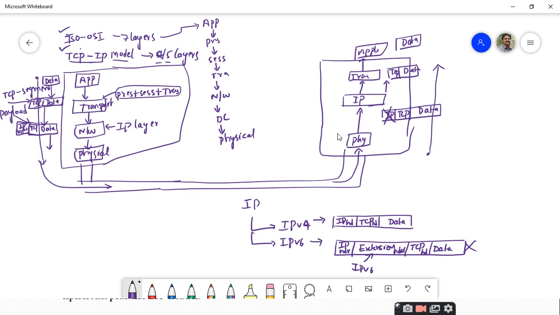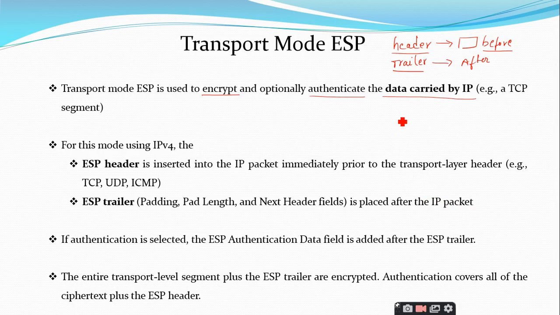You have seen this particular packet, which consists of 3 parts: data, then the TCP header, and then the IP header. The data carried by IP is nothing but the payload, the payload of the IP packet.